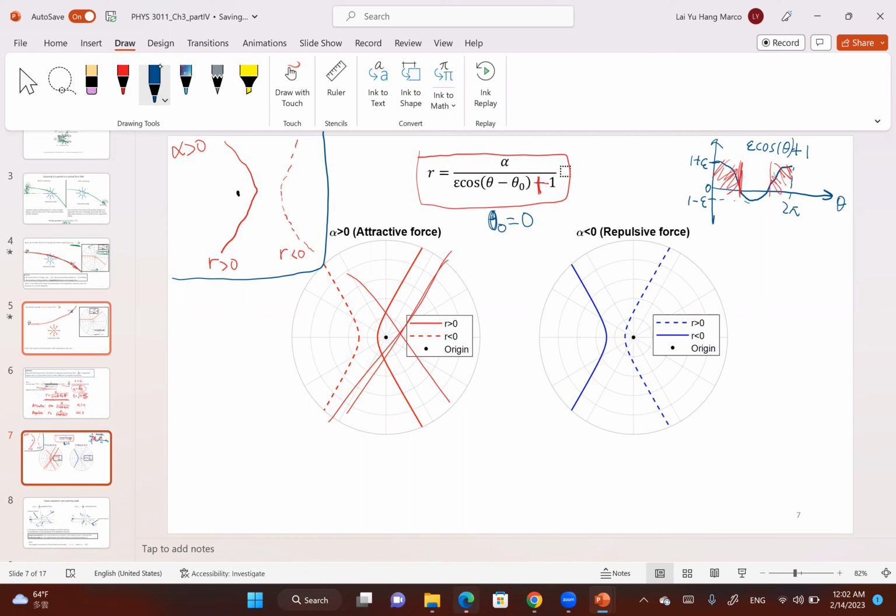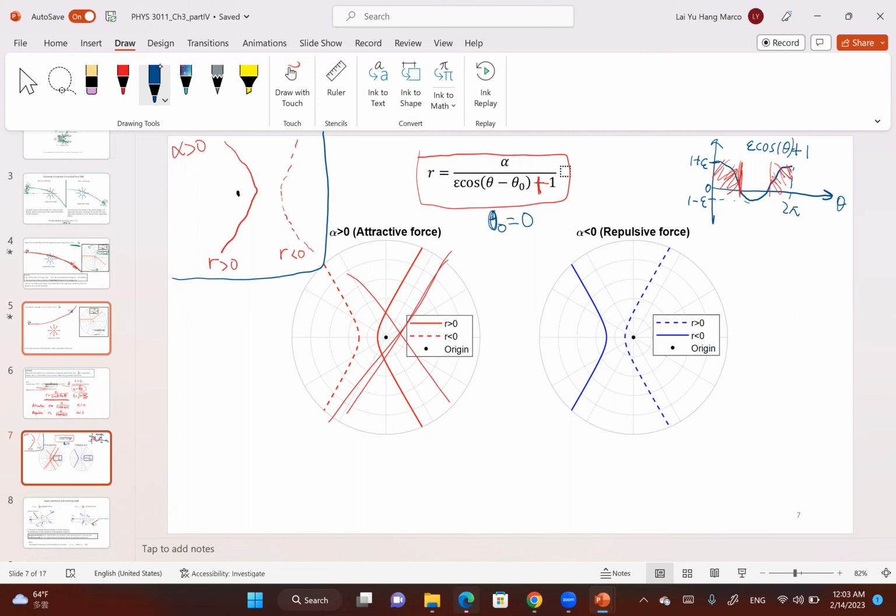In our physical problem, we only plot the physical result, which is the case when R is greater than 0. That's why in part 1 of this chapter, we only plot this solid red line.